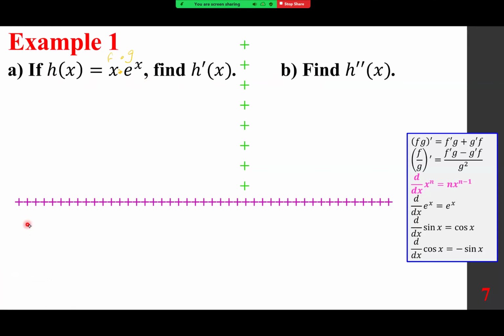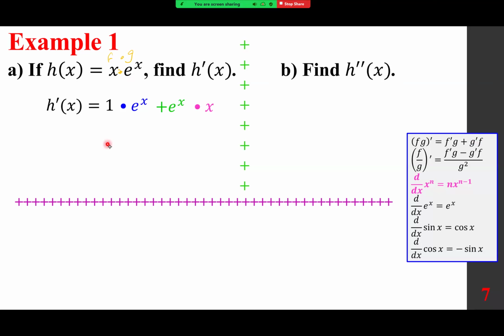Then from memory, I'm going to write this formula: f prime g plus g prime f. So f prime is 1 times g, which is e to the power of x, plus g prime, the derivative of e to the power of x is itself, e to the power of x, times f, which is x, and I'm done with calculus.